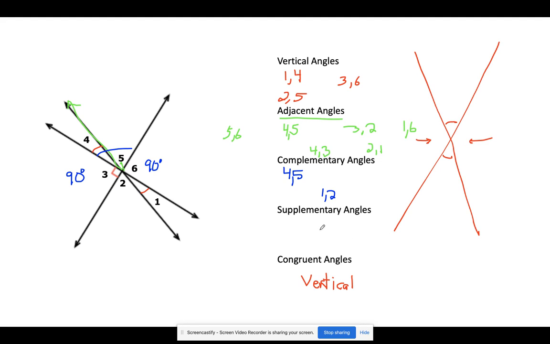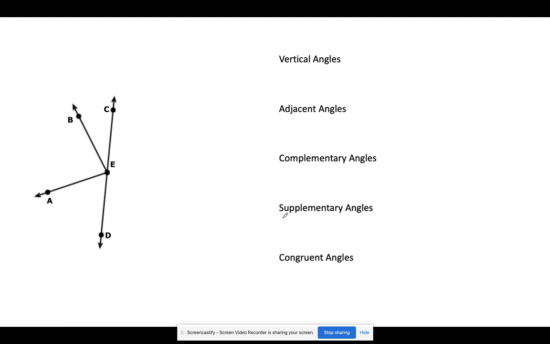Supplementary angles are a little bit hard to see in this figure. So what I want to do is go to the next slide to talk about supplementary angles. Supplementary angles add up to 180 degrees. So if I look at this figure, I'm going to designate these angles differently because I'm not going to do them as angles 1, 2, and 3. I'm going to realize that there's actually a larger angle here.